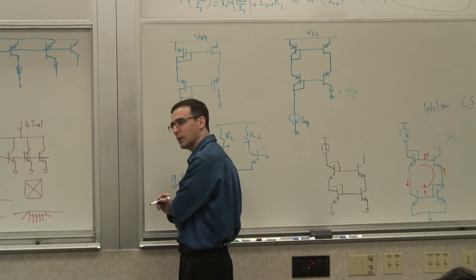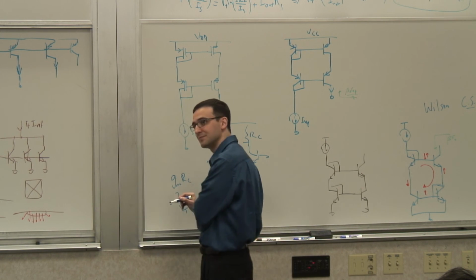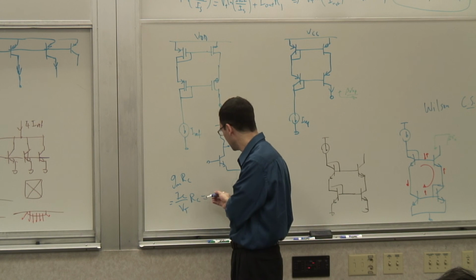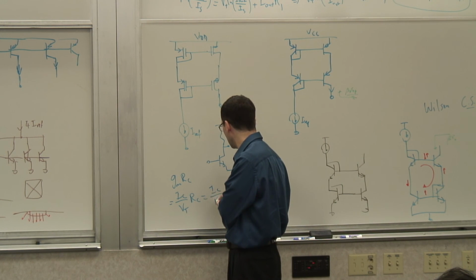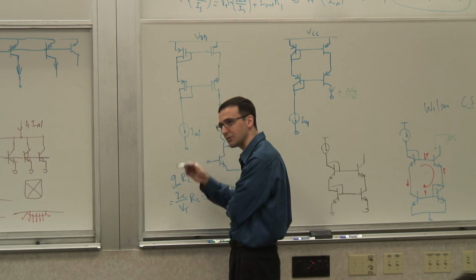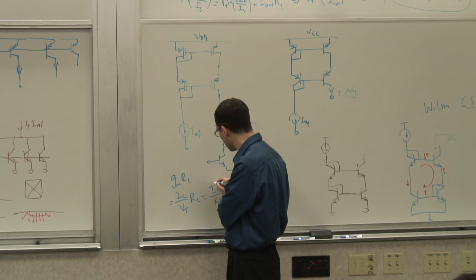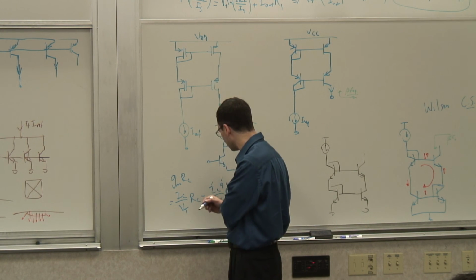I've made this one constant. But how about this one? What is that? It's IC over kT/q, times RC. This is constant. Well, the resistor changes with temperature too, but let's say it doesn't. Let's forget about that for a second. So let's say this is constant, this is constant. We make this one constant. This is a physical constant.